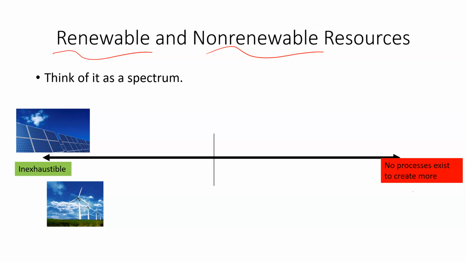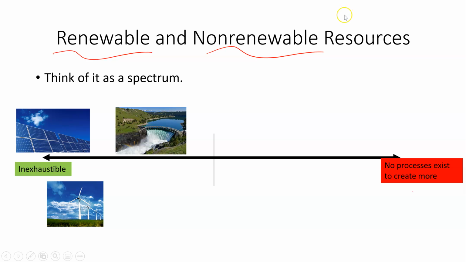Now, if we compare that to something like hydropower, hydropower is a renewable form of energy in that we send water over that dam to produce electricity, for example, and that water heads downstream eventually to the ocean. There is the water cycle that will eventually return water back up to the top side of that dam.